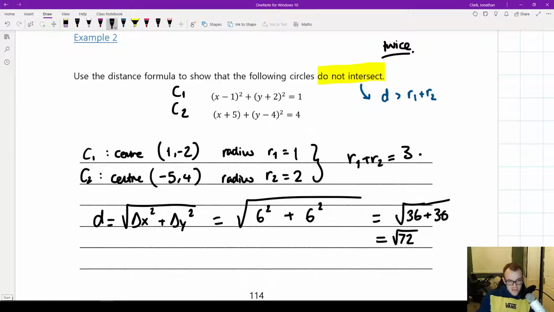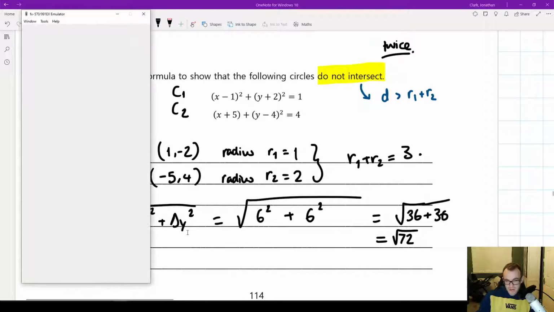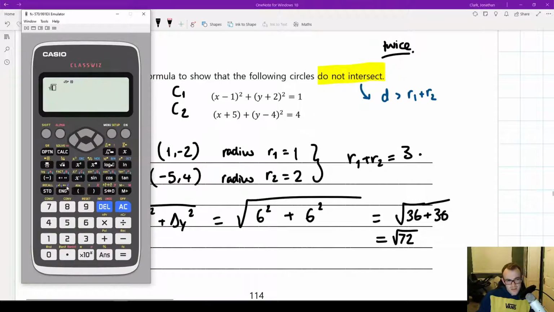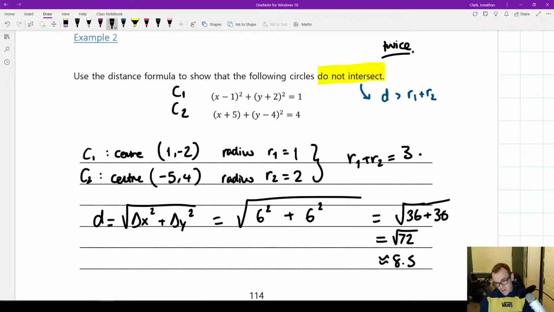I don't know the exact value of that, but I'm pretty sure it's more than 3. Look, 8.5, there we go. So the distance is around about 8.5. The sum of the two radii is 3. So I've got a distance quite a lot more than the two radii, and that means the circles do not cross. There we go, nice.